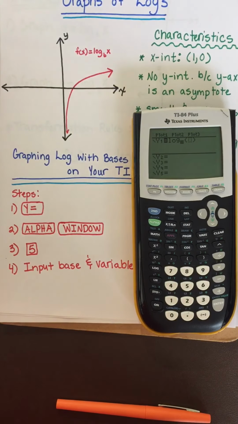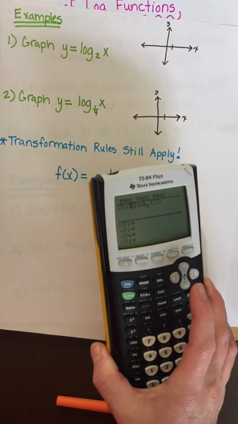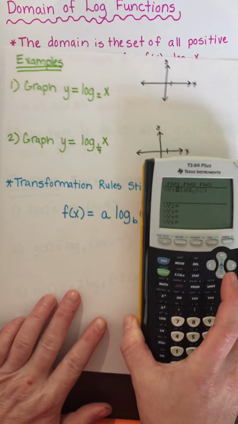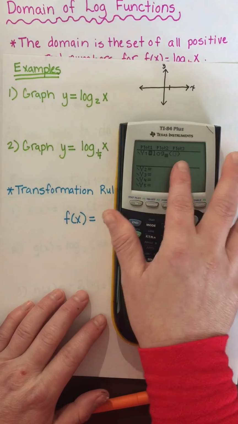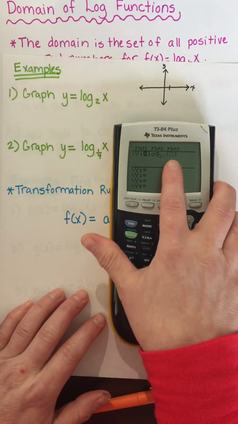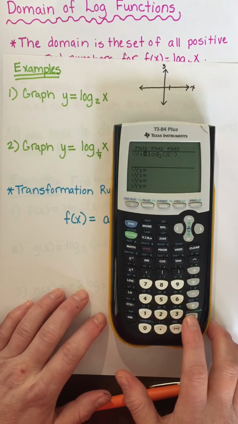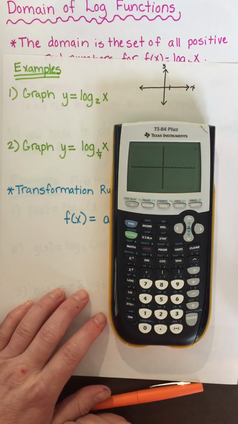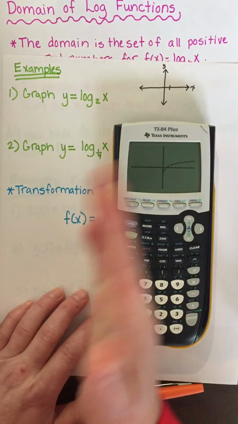So let's just graph and sketch a couple examples of these things. So let's look at the log base 2 of x. So I've got that pulled up from where I did it before. So for the base, I'm going to put 2, and over here in parentheses, I just scooch over, and I'm going to put x and hit enter, and then press graph. Now, b is a number greater than 1, so I expect it will be increasing.